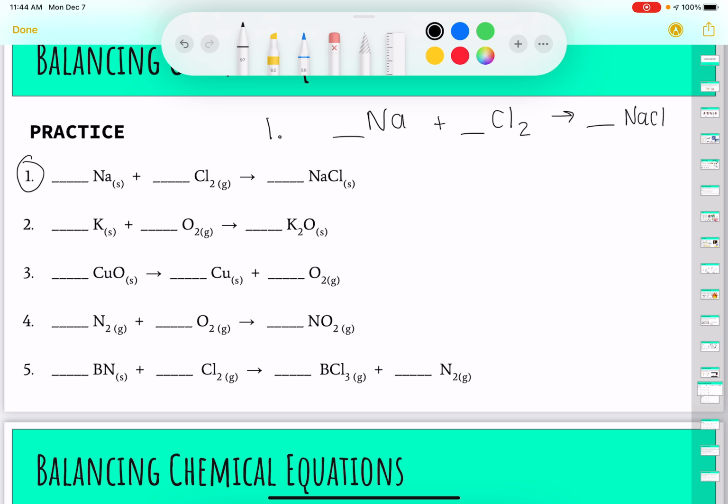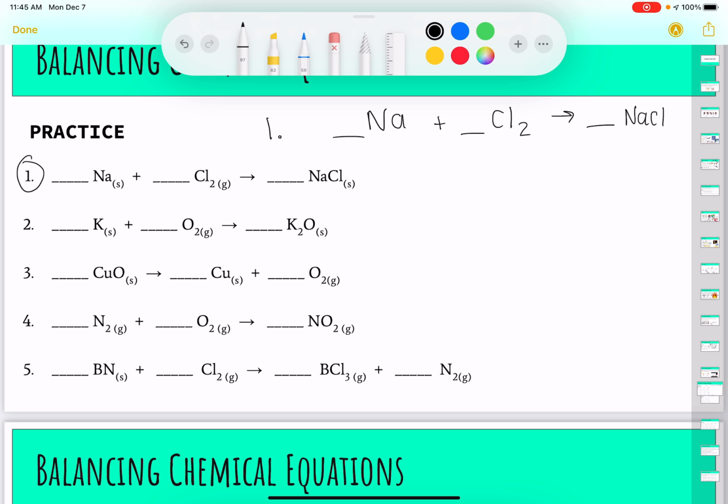Maybe you can already see some of this in your head, like me looking at this, I could already see how to balance it, but starting out, you'll have no idea what I'm even talking about. But once you get good at this, you might be able to do some of them without even writing numbers down. So our very first step here for balancing equations is that we need to balance the sides.